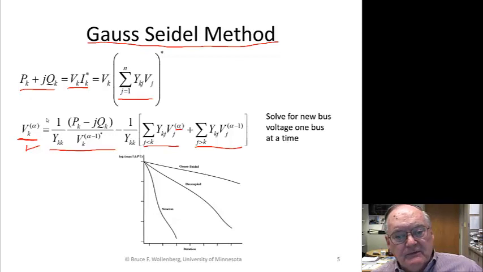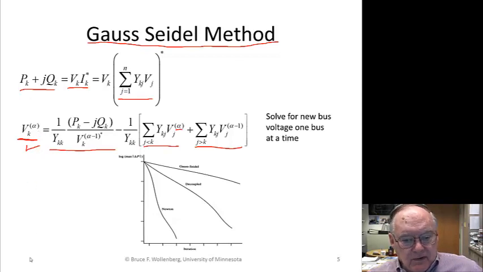They were lucky to have tens of kilobytes of memory. So this method didn't need a lot of memory, but you do bus 1, bus 2, all the way to the last. Let's say you're doing a 500 bus power system. You'd get to the 500th bus, and by golly, you'd come back to the first bus and solve it again, and the voltage would change again.